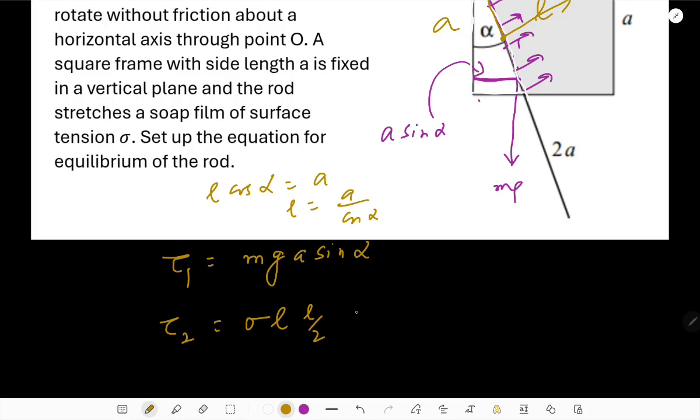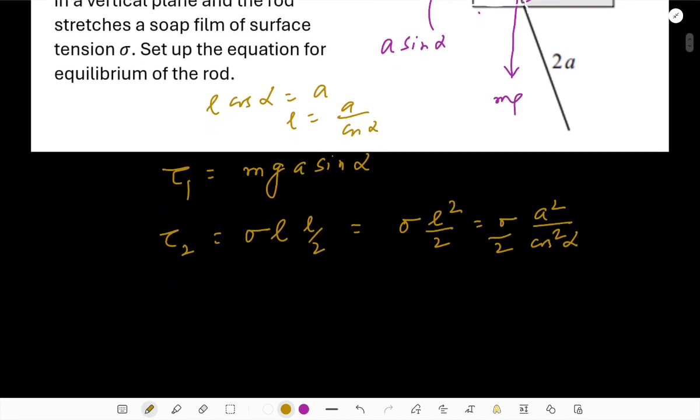So the moment of the force of surface tension can be written as sigma L square by 2, and that is sigma by 2 times L square, where L square is A square by cos square alpha.